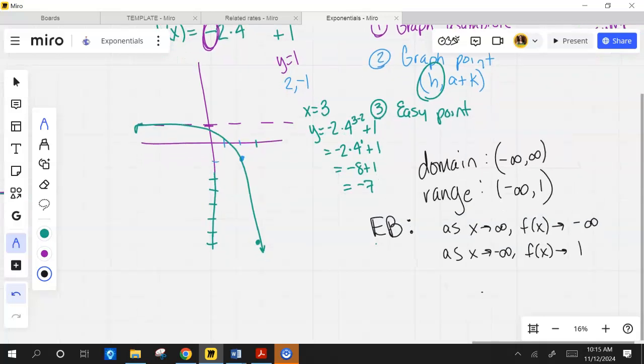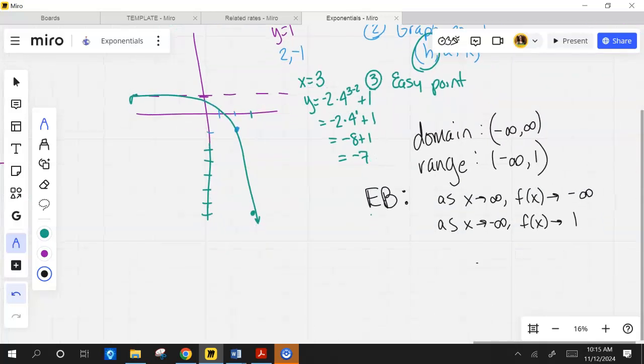As you go to the left, this graph is getting close. What is y doing? Y is getting closer and closer to that invisible boundary.